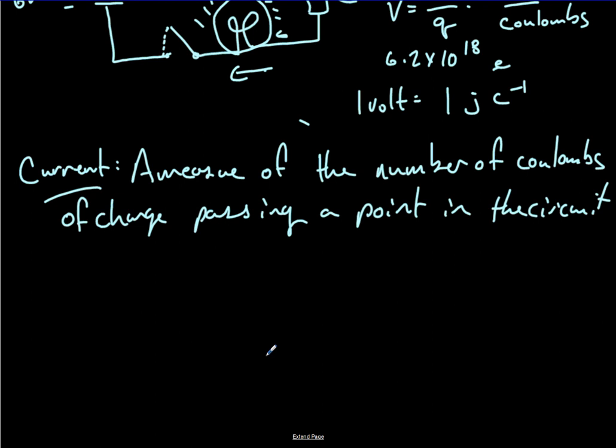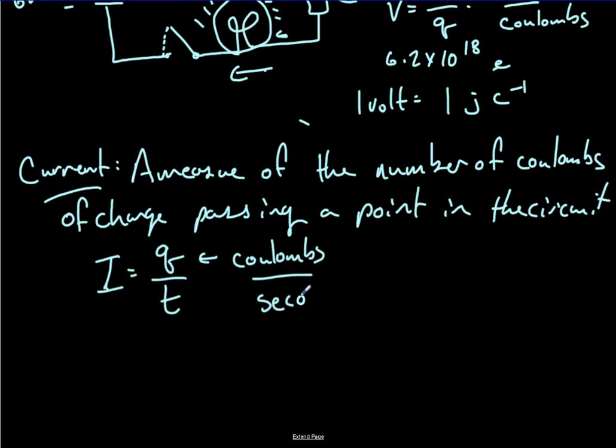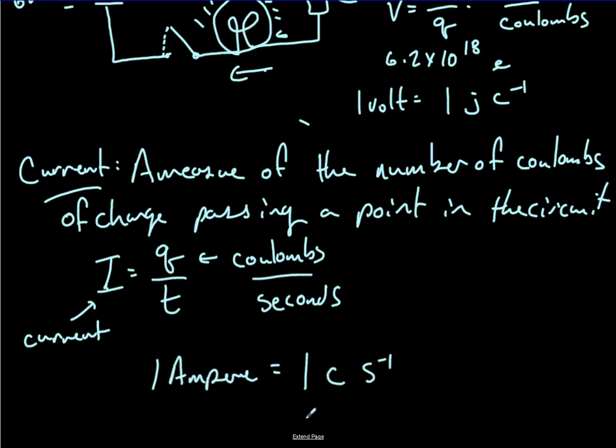So units. Current is equal to coulombs over seconds. Time is measured in seconds. So 1 ampere, often just called an amp, is 1 coulomb passing a point every second.